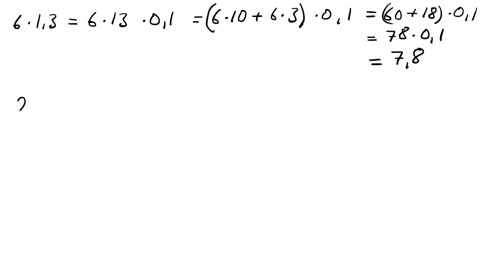For another strategy, for example, if you have 25 times, if you take, for example, 44, how can you multiply these two? You could, of course, do 20 plus 5 and multiply like that, but in this case it's probably most easy to see that 25, if you multiply that by 4, it becomes 100.